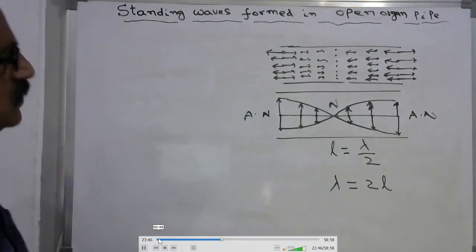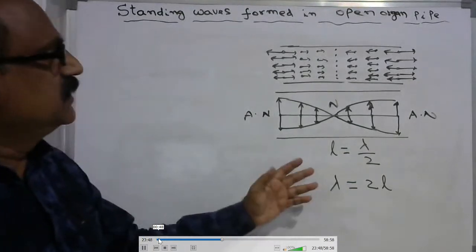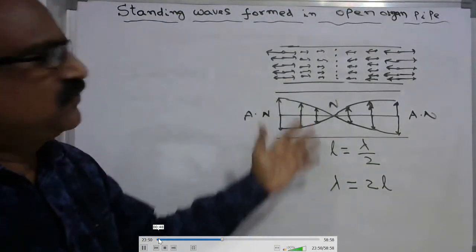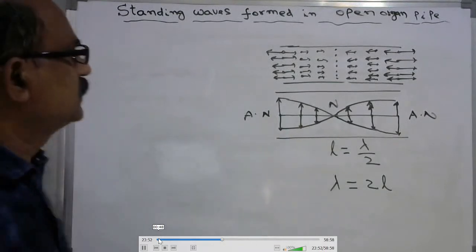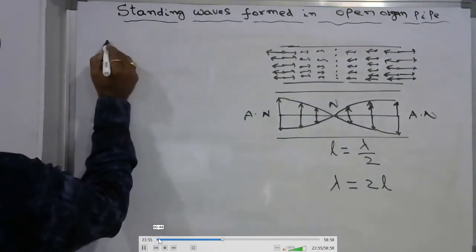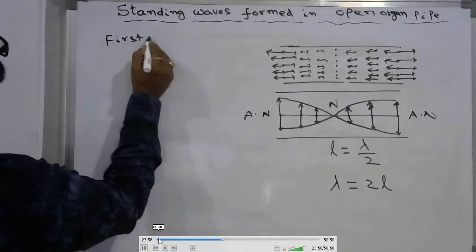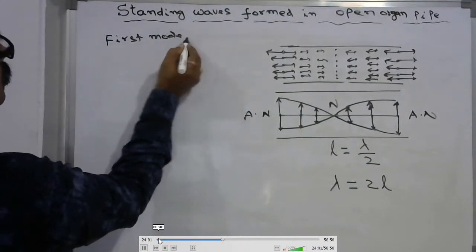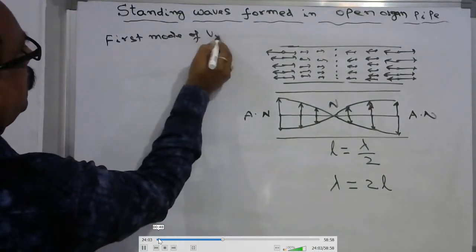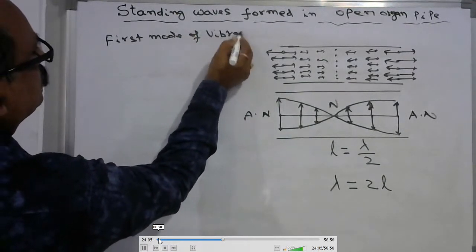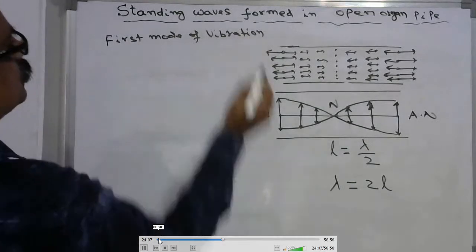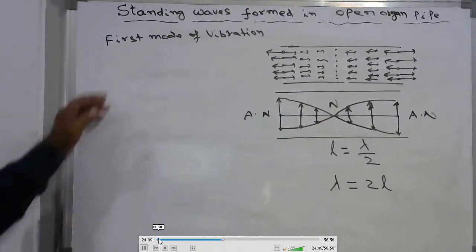Now we can find the fundamental frequency of this first mode of vibration. So this is the first mode of vibration in the case of an open organ pipe.